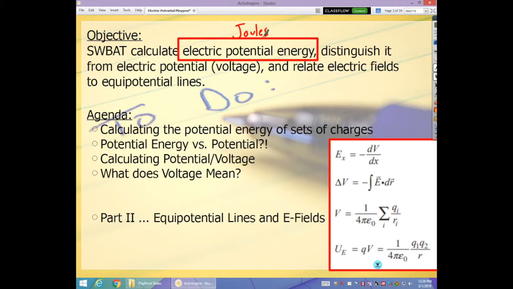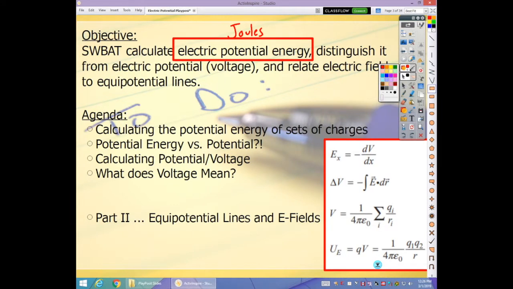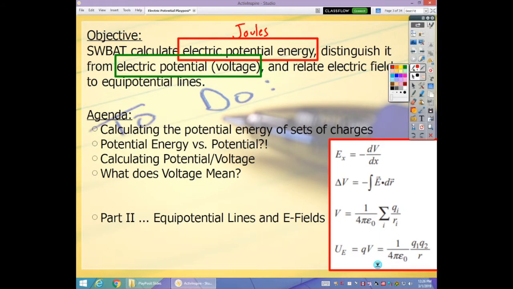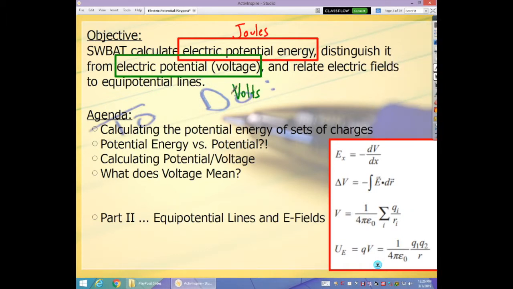We want to distinguish it from this other closely related but different concept, which we're going to call electric potential. Not potential energy, just potential. We measure this one in volts, and it is sometimes also called voltage. So these two are very closely related. Volts are a measure of potential energy, but they're not quite the same.